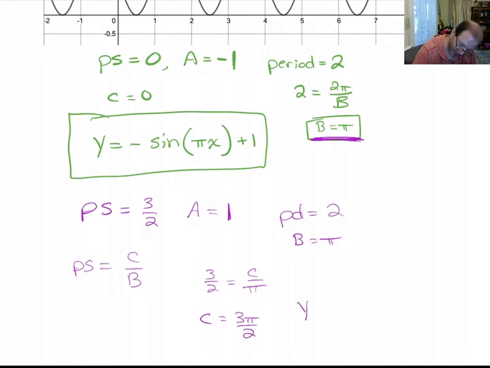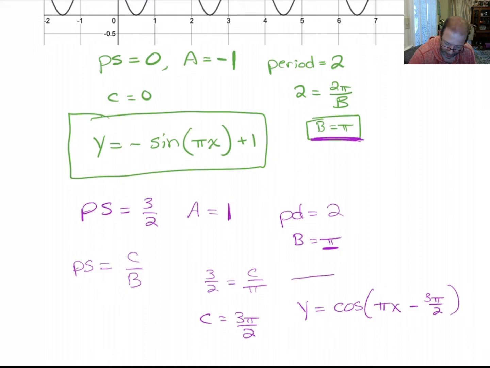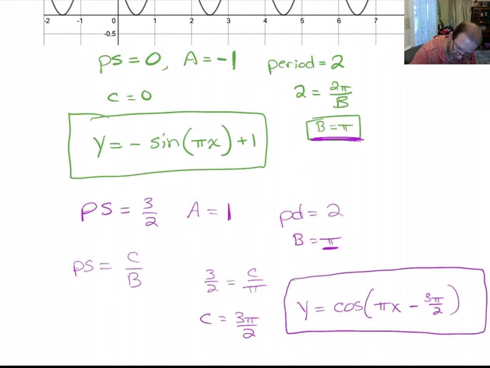So this gives me y equals A, which is 1, cosine of pi x, then minus 3 pi over 2. And I'm leaving a little extra space there because I have to add on the vertical shift of 1.